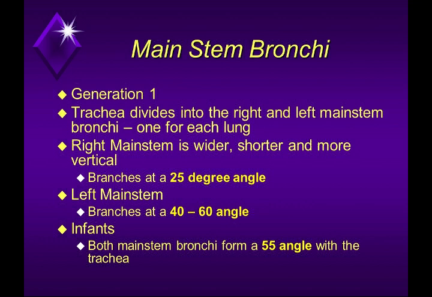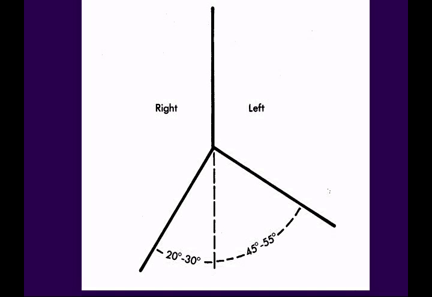It branches at a different angle than the left mainstem, which is a little bit more of an acute angle. When we're infants it's a little bit different, we're pretty much even, but as we age, we end up having a little more of an acute branching into the left as opposed to the right. Who cares? Well, if you inhale something, where's it going to go?